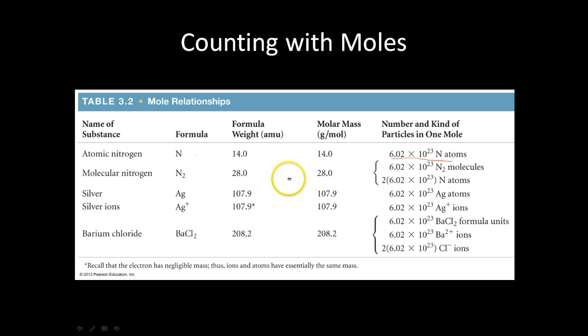If we had 1 mole of molecular nitrogen, we would have this many molecules, but we would need to double that because there are 2 nitrogens in the formula unit if we were going to talk about the number of atoms. So this table, make sure you look over this table, 3.2 in your textbook, and realize how these numbers are relating to each other.